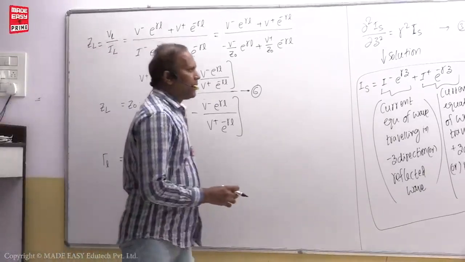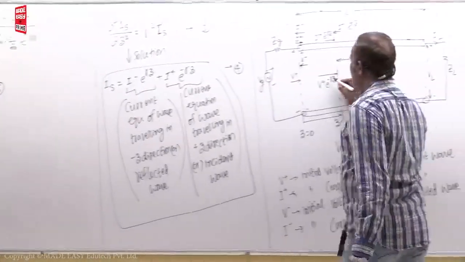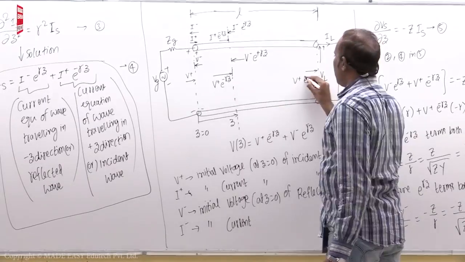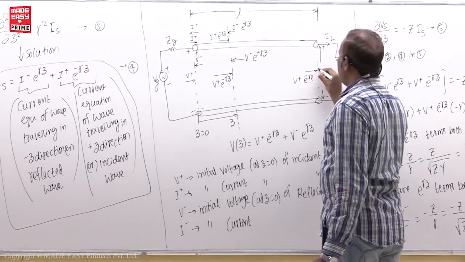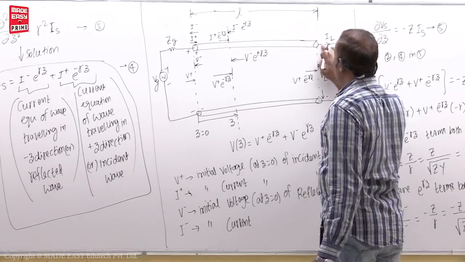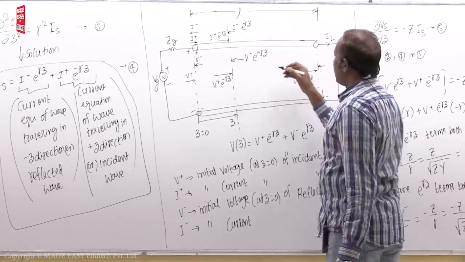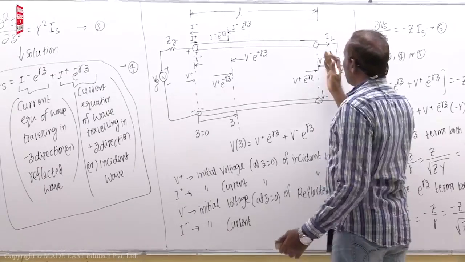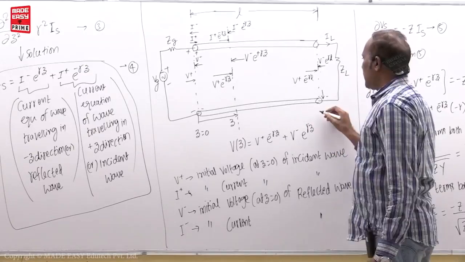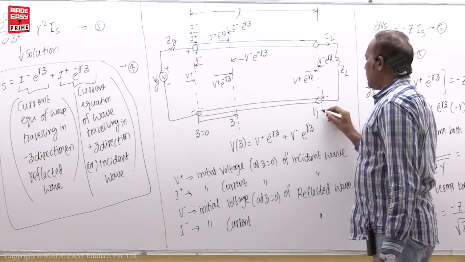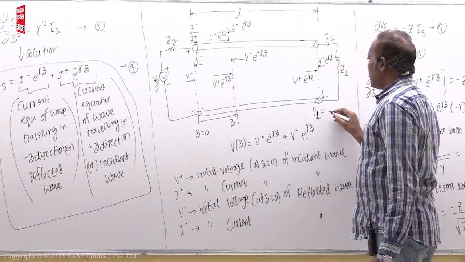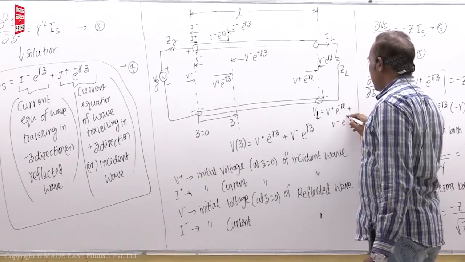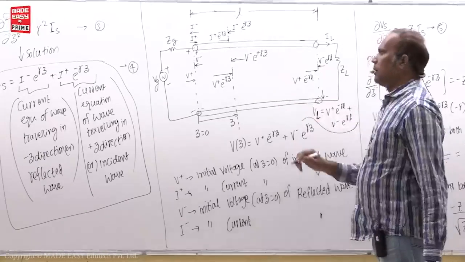So here you can see, dear students, at the load, Z equal to L, the incident voltage is V plus e power minus gamma L, and the reflected voltage is V minus e power gamma L. Then the total voltage at the load, which you have already seen, is VL equal to V plus e power minus gamma L plus V minus e power gamma L. That's what I wrote there.